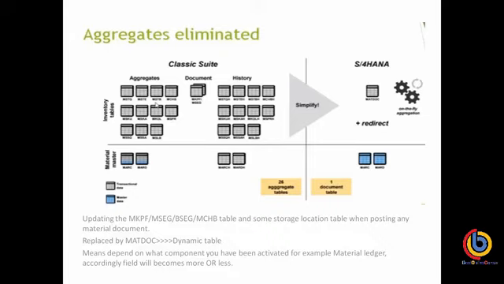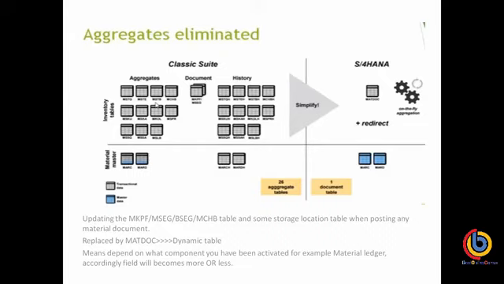Okay. So here I have given that 26 aggregate tables have been made obsolete or removed, and one document table has been introduced by SAP. In some cases SAP has replaced the entire set of tables with one table, but in some cases SAP has made all the tables obsolete and uses two or three tables, like in the case of OTC, order to cash, or in delivery or in billing.